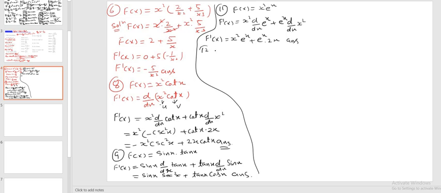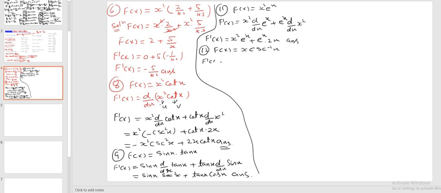Question number 12. f x is equal to x into CSC inverse of x. So what you have to do, again it is product form.